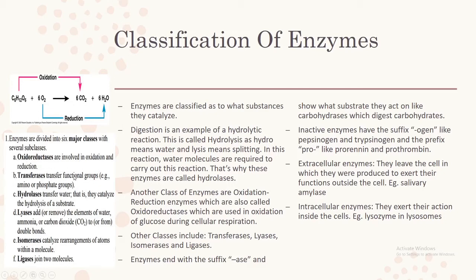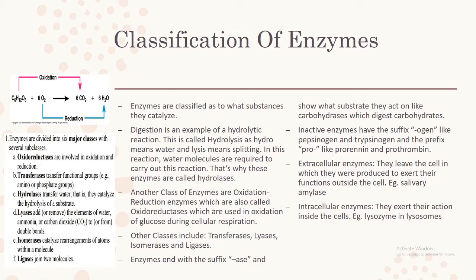Transferases transfer functional groups. For example, a protein or an amino acid will have different groups like the hydroxyl group, the amino group, and the phosphate group. These are different chains of molecules attached. They are given names based on their constituent materials or molecules.